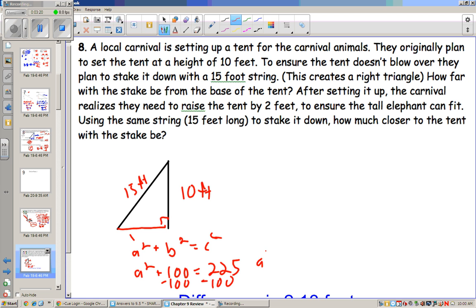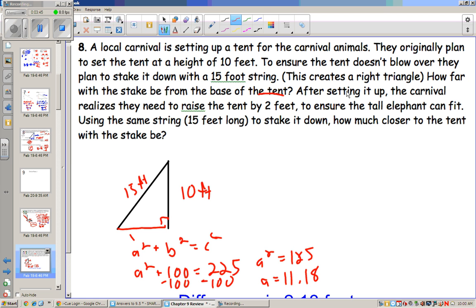So a squared is equal to 125. Now you just take the square root of 125, and a is 11.18. All right, so we have our first answer. How far from the base of the tent?